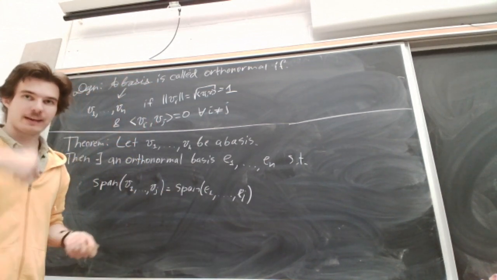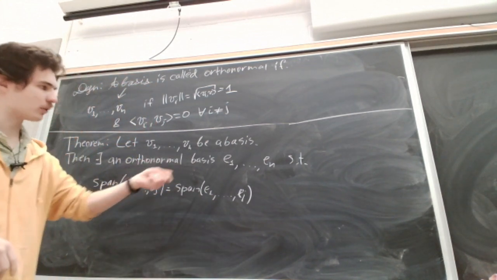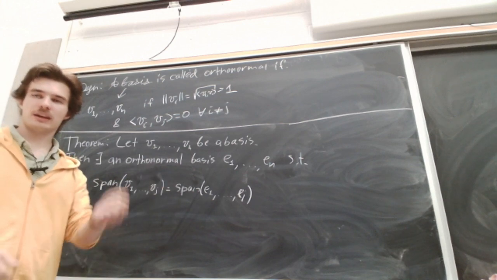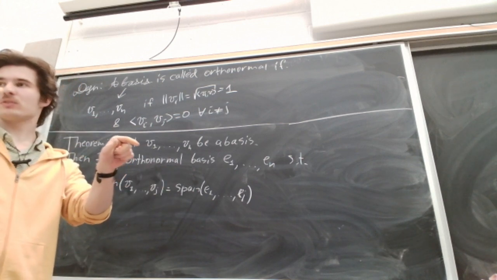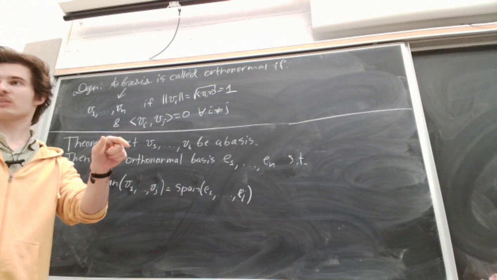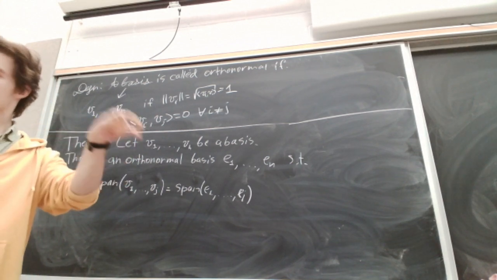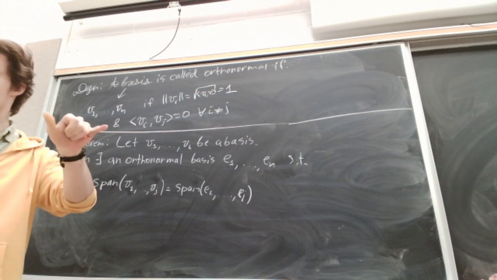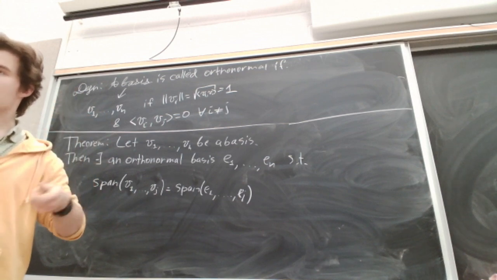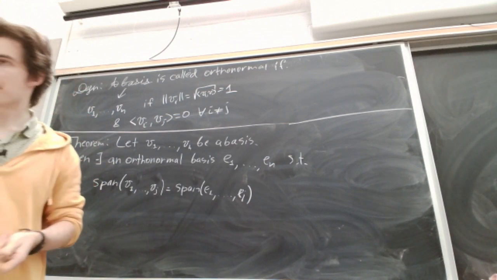This will tell you that we're going to do this by induction. We're going to take the first two vectors and construct the orthonormal basis out of them. Then we're going to add another vector, turn that into an orthonormal basis, add another vector, and just do this step by step.